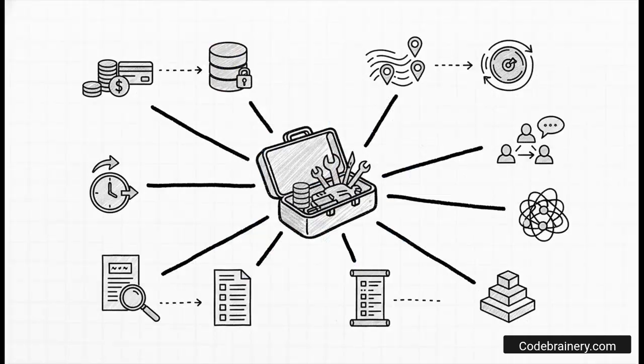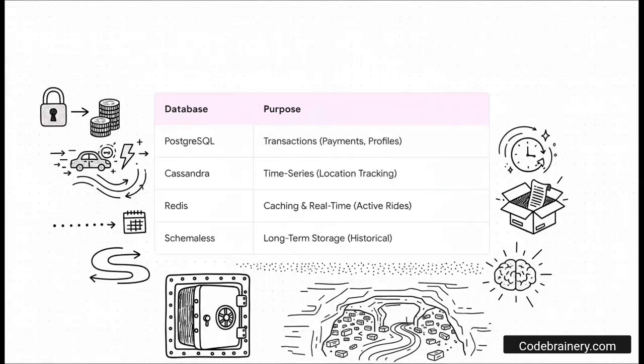Now, to handle challenges like that, you can't just use a hammer for every problem. A system this complicated needs a whole toolbox. And that's especially true when it comes to storing data. Uber's philosophy is pretty simple. Use the absolute best tool for each specific job. So for things that absolutely positively cannot go wrong, like your payment info or your user profile, they use a super reliable traditional database, like PostgreSQL.